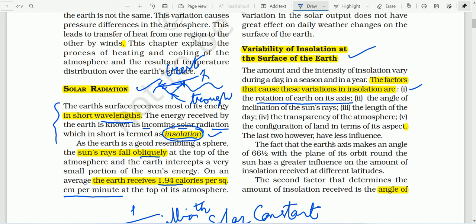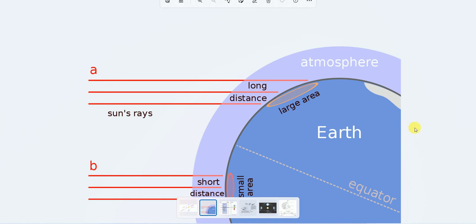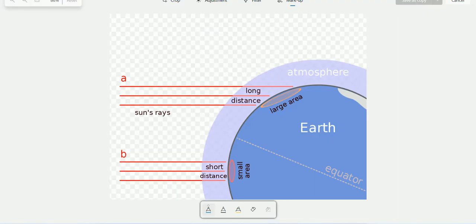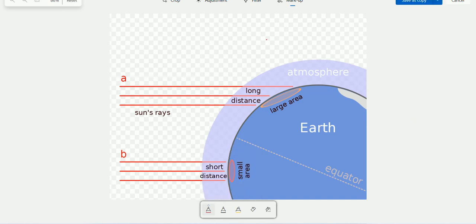Another factor is the angle of inclination of the sun's rays. Let us analyze one diagram here. Here this is the Earth and this is the atmosphere, and our Earth's axis is inclined like this.